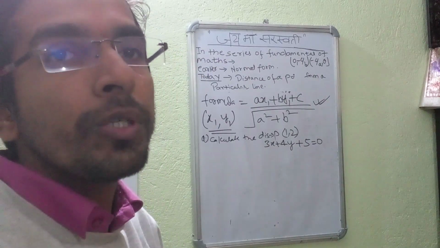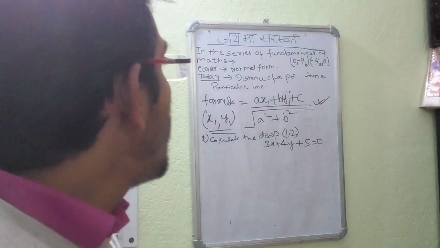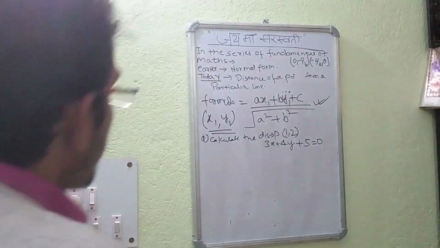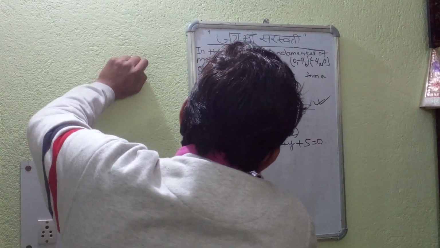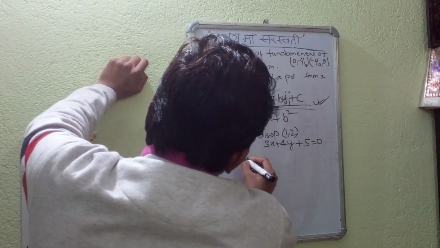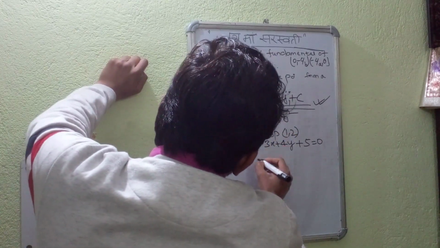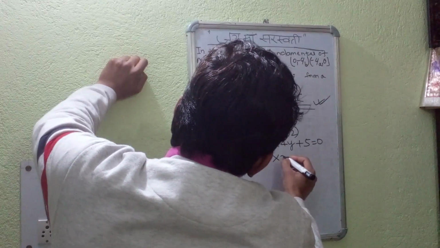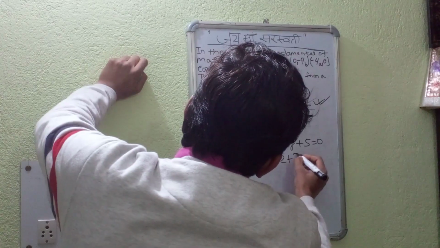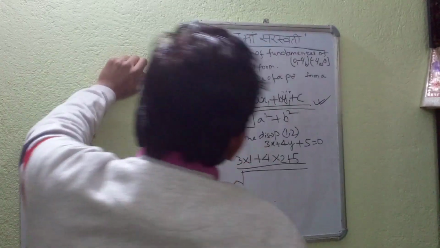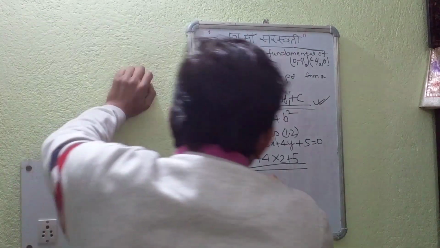We will be substituting the respective values in the corresponding equation and we will be getting the answer as soon as possible. Suppose this is the point here. We will be taking a as 3 and x1 will be taken as 1. b will be taken as 4 and y1 will be taken as 2 and c is 5. We will be using under root a square plus b square, that is 3 square plus 4 square.